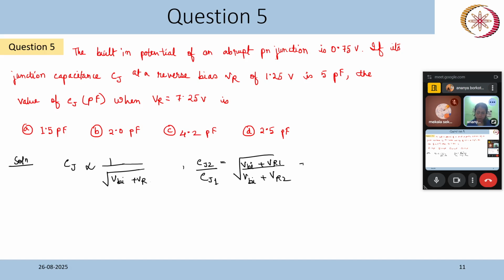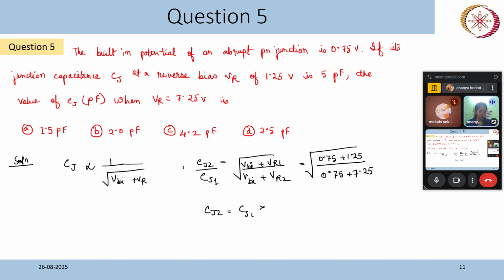So this ratio is 0.75 plus 1.25 over 0.75 plus 7.25. So what will be this value?